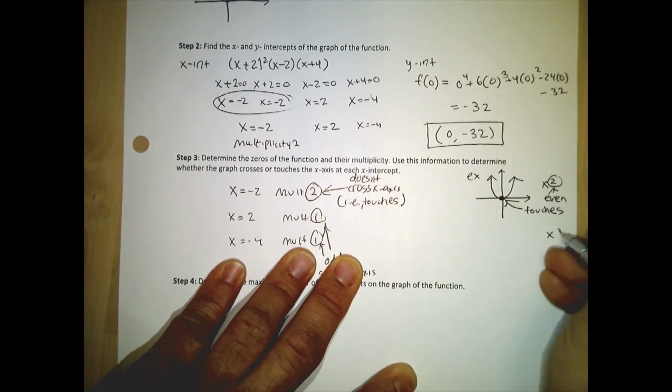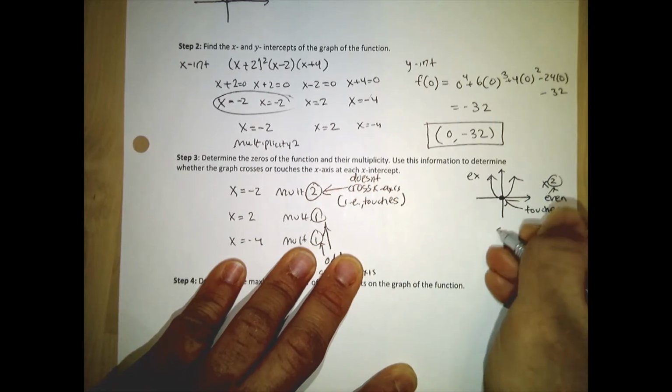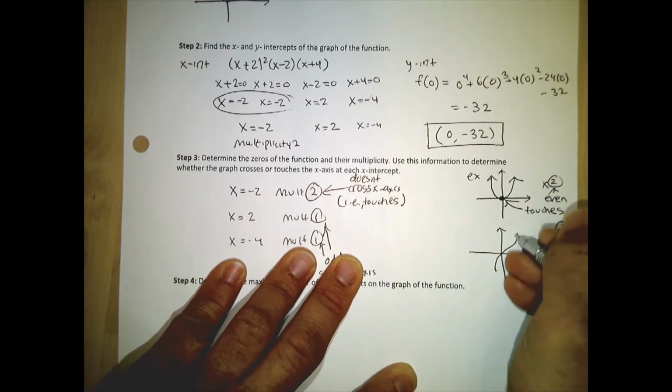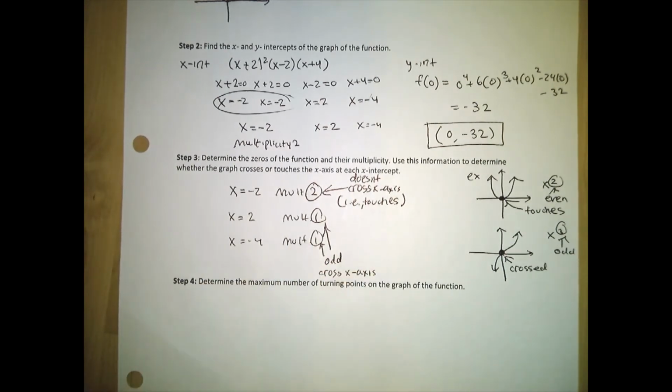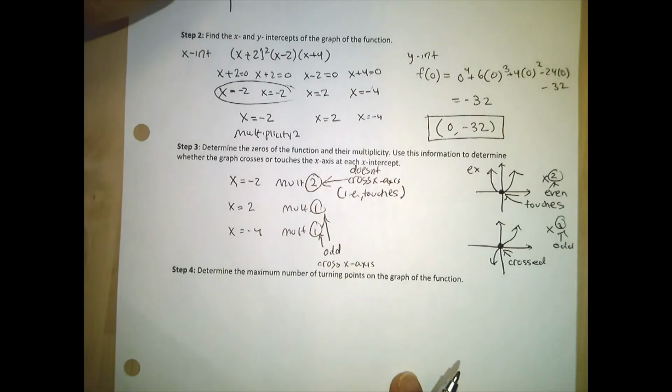If we have x to the 3rd, that's odd, and I hope that you can see that then we crossed the x-axis. So just be careful about whether the function should actually touch or cross the axis at each of the x-intercepts, or at each of the zeros of the function.